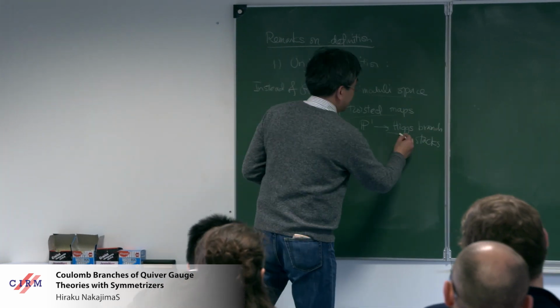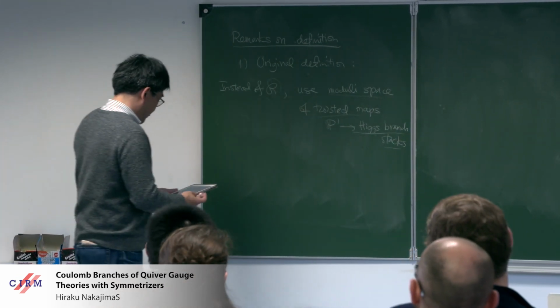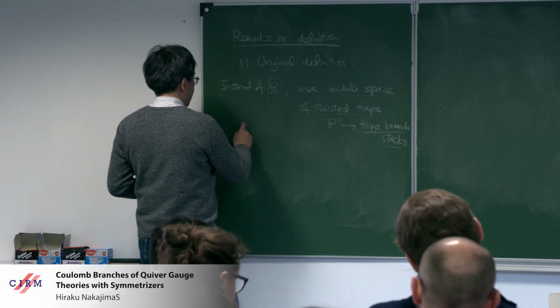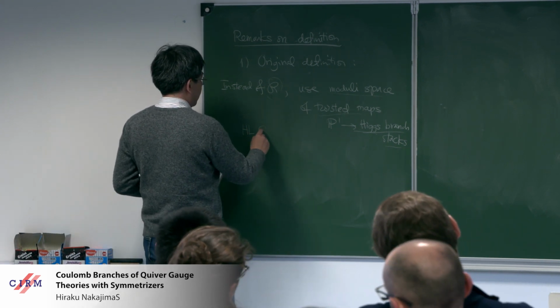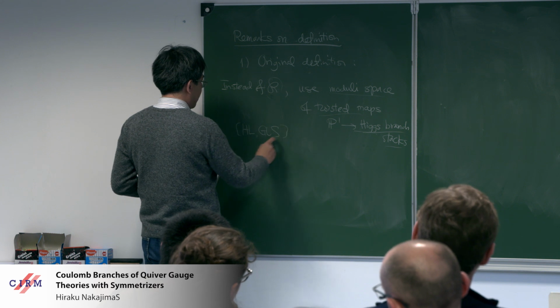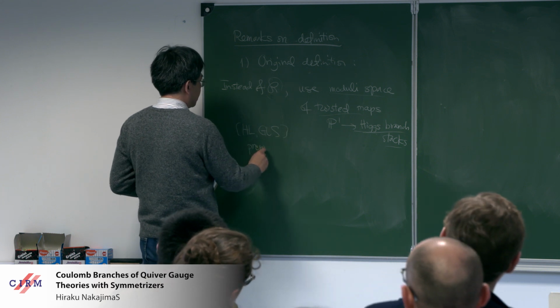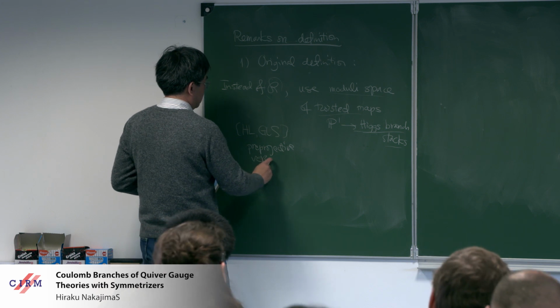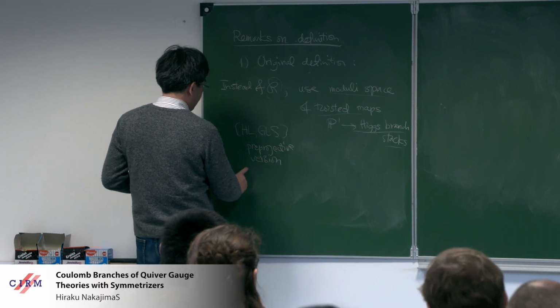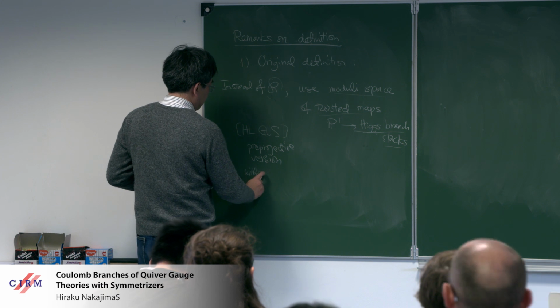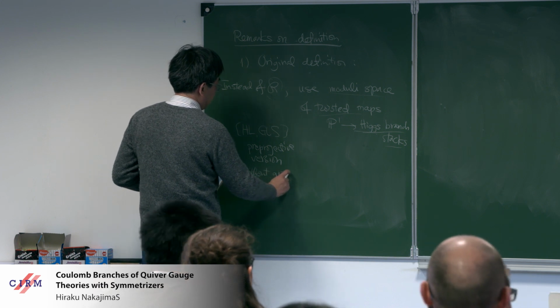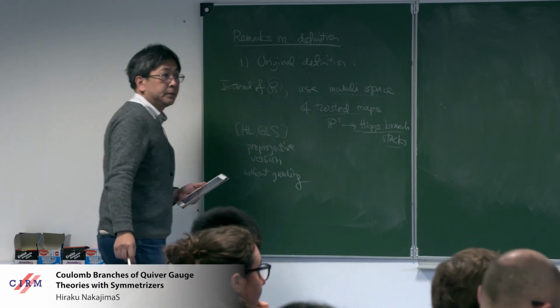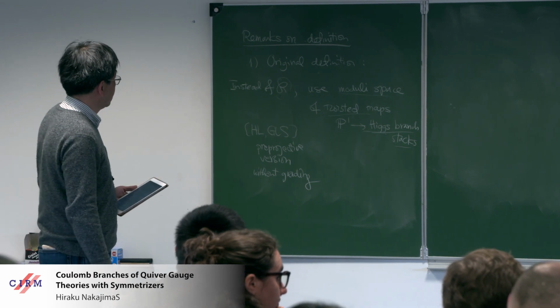So in this viewpoint, this is the irredundant GLS, or more precisely, just the projective version, without grading. The projective version is about a restricted situation and there are no double arrows, right?